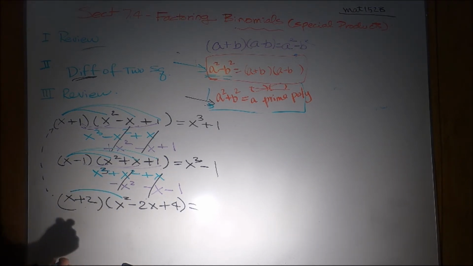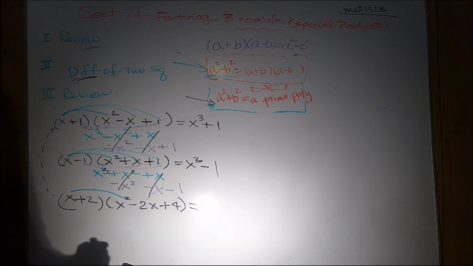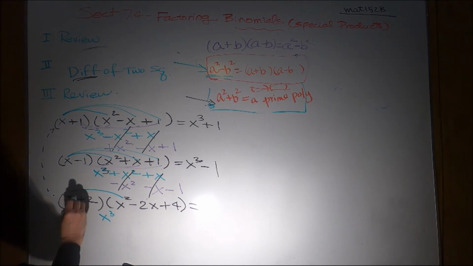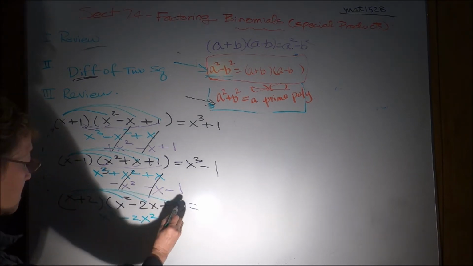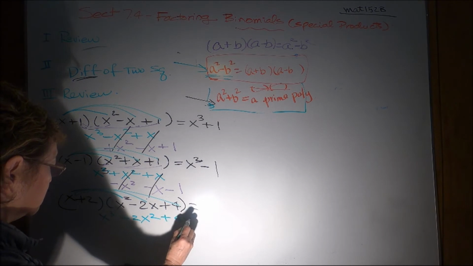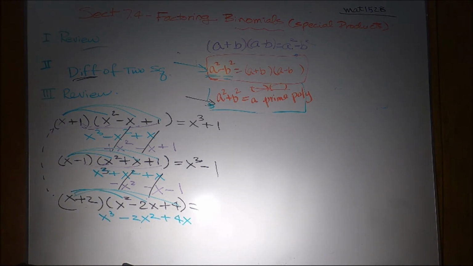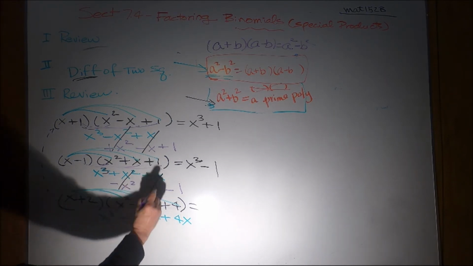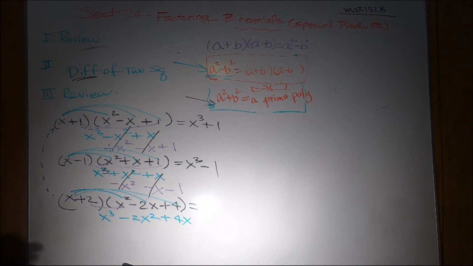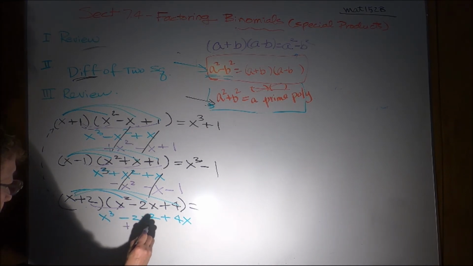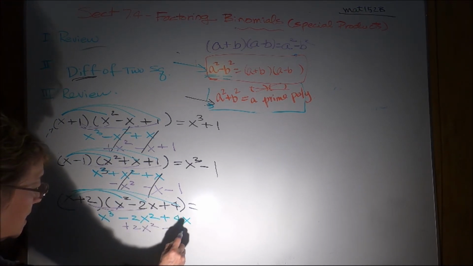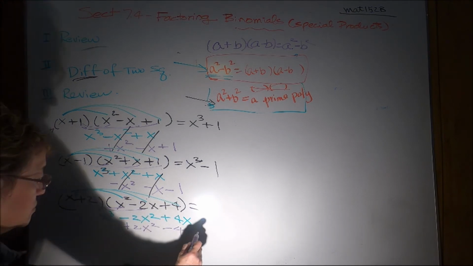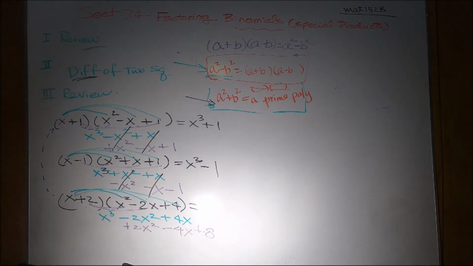X times x squared, that would be x cubed. X times negative 2x, minus 2x squared, x times 4 plus 4x, right? Then this one, 2 times x squared, I'm lining up the same kind of terms, right? So plus 2x squared, this one 2 times negative 2x minus 4x, last one 2 times 4 plus 8.